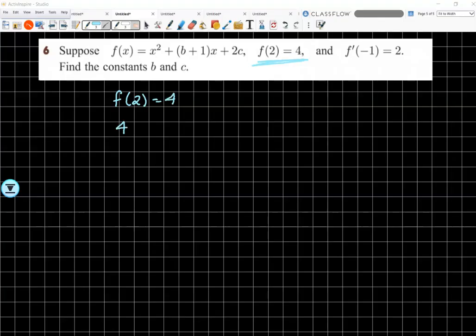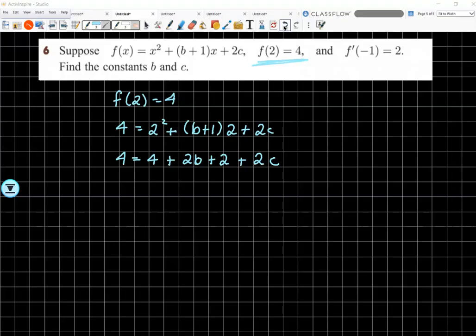So I'm going to say 4 equals 2 squared plus b plus 1 times 2 plus 2c. Can tidy it up. So 4 equals 4 plus 2b plus 2 plus 2c.